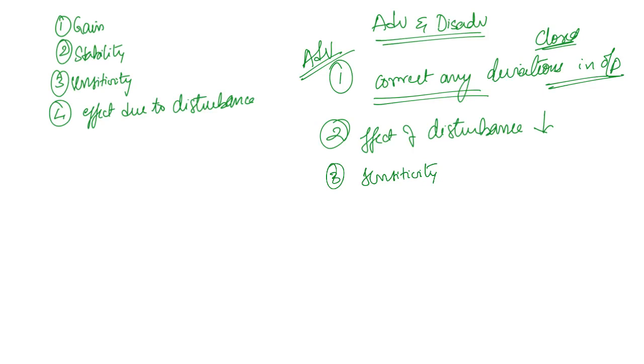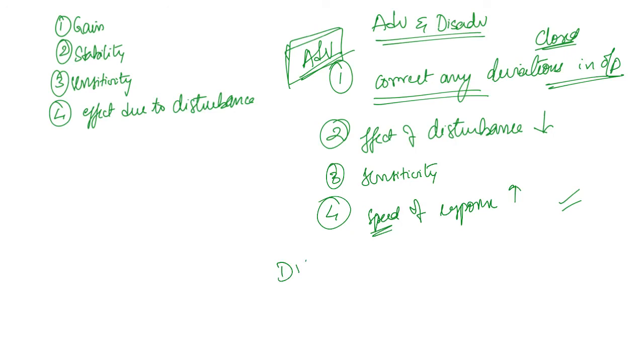And one more advantage we have, this will become more clear when you do time domain analysis. The speed of the response is increased. What is meant by speed of response, all this we will understand in the time domain analysis. So these are the advantages of a feedback system.